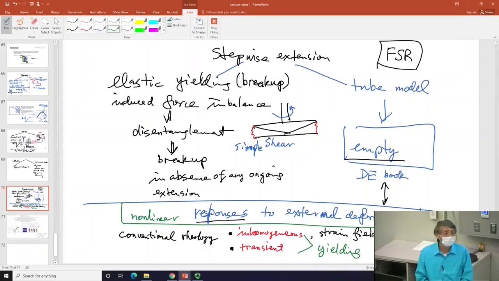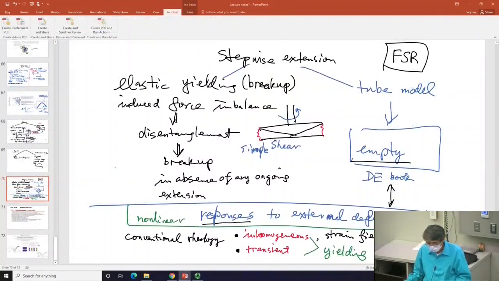Because the transient is all about when the yield occurs, when you fail to have affine deformation anymore. And then you need to answer why you have affine deformation, and then you can answer why the deformation can go away. And then the rest is about the manner in which it fails. It could fail in a localized manner, then you have inhomogeneity. See, it's just 1 word. The entire story is 1 word. With that, I think we can close.